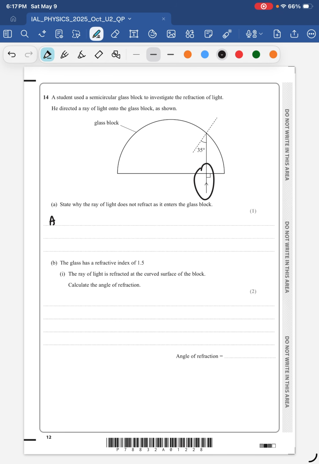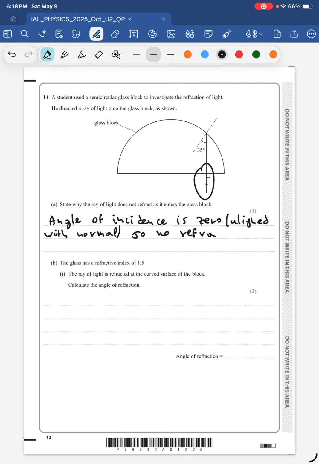So the angle of incidence is 0, and it's aligned with the normal. So no refraction.